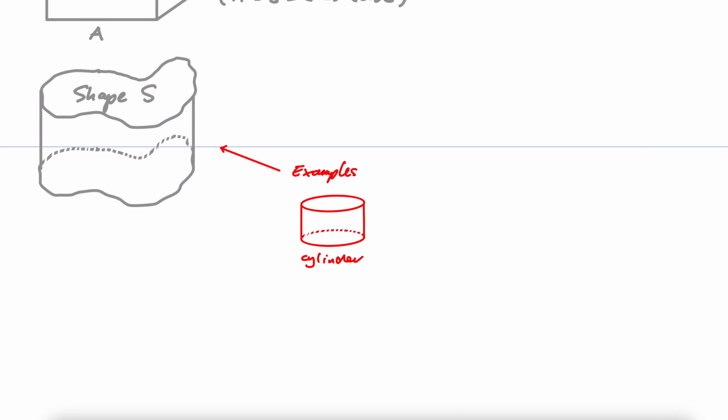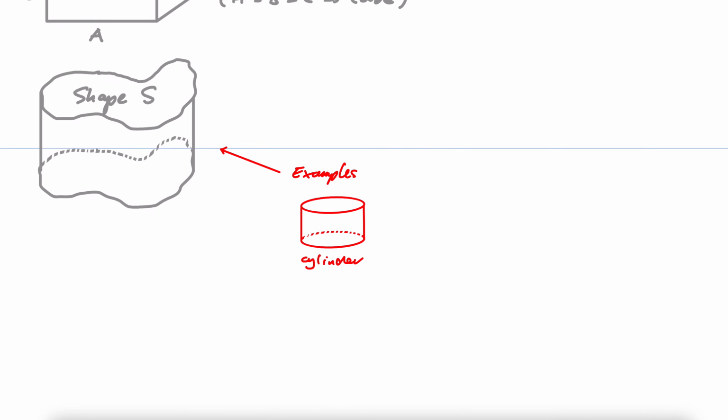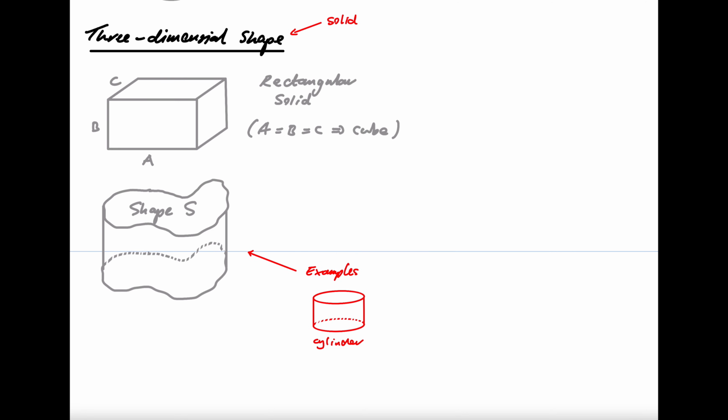Very important example. We could do it with a bunch of other geometric figures in 2 dimensions. You could do it with a triangle, quadrilateral, any polygon really. So another standard shape would be something like this.